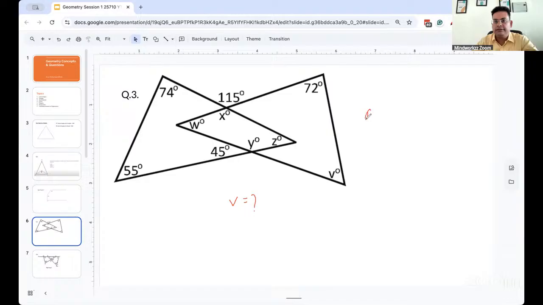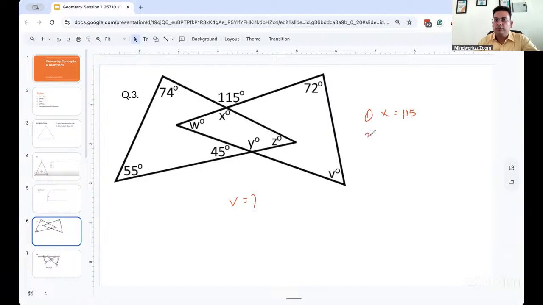So first thing, vertically opposite angles. So X will be equal to 115, vertically opposite angle, right?